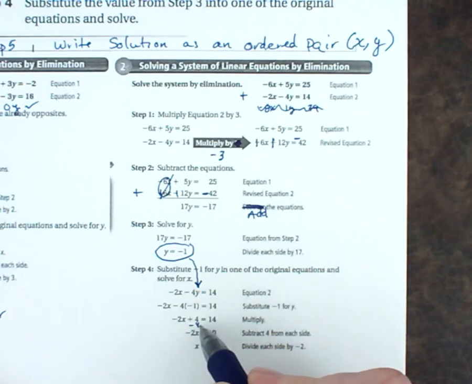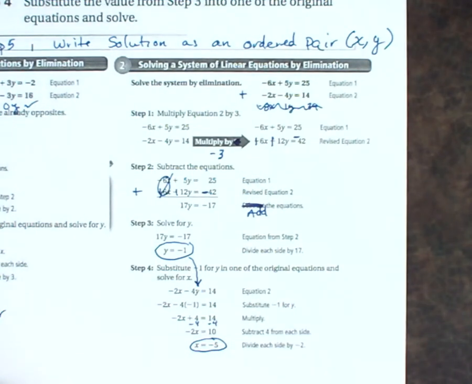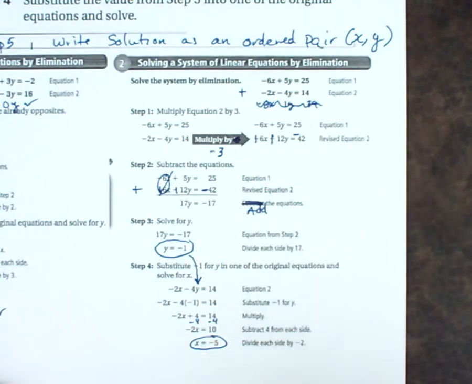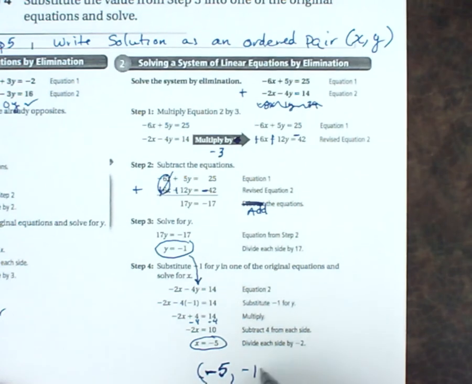Subtract 4 from both sides, and you get negative 2x equals 10. Divide by negative 2, you get x equals negative 5. Almost done. Your final answer is negative 5, that's your x value, comma, negative 1.